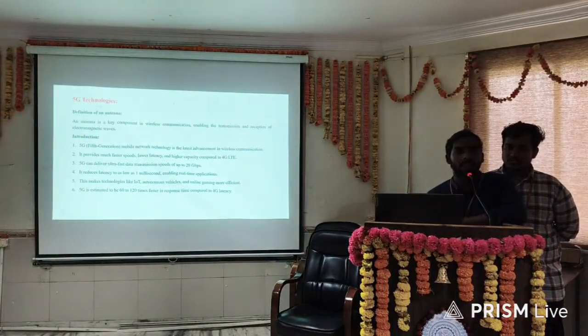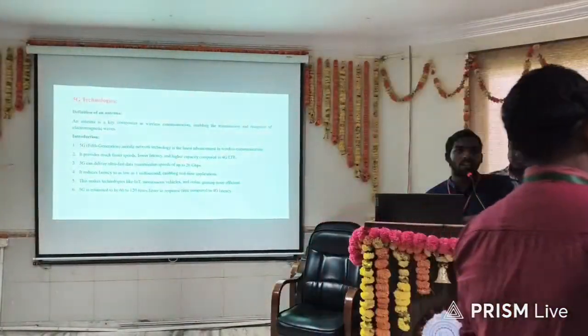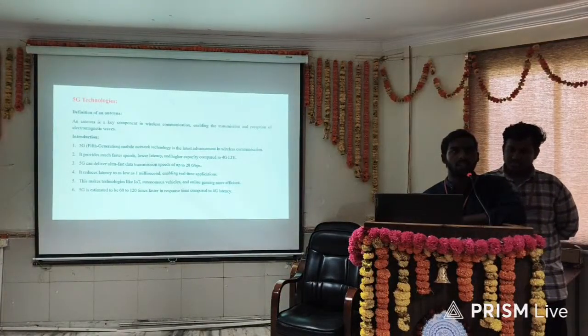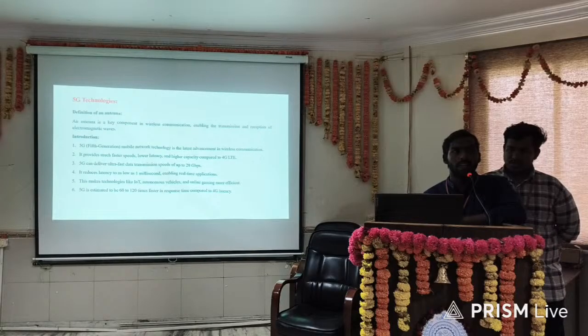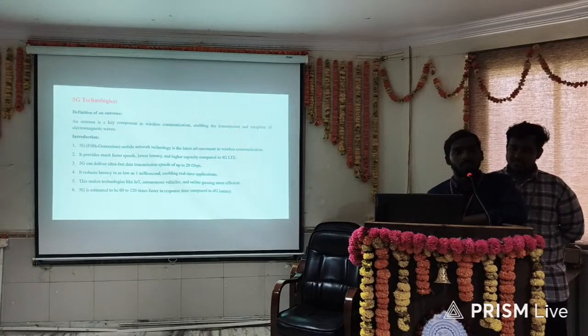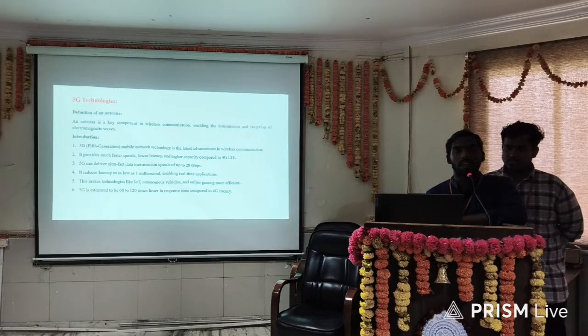It provides high speed, delivering ultra-fast data transmission up to 20 gigabits per second. It also provides low latency, as low as 1 millisecond. It also provides higher capacity, and 5G is estimated to be 60 to 120 times faster in response time. This is all about 5G technologies.